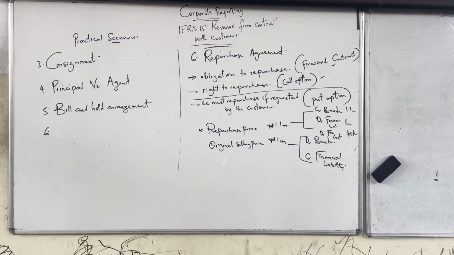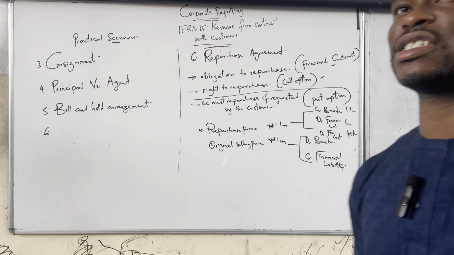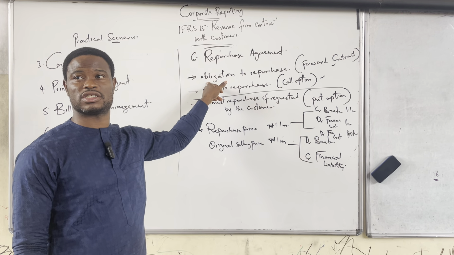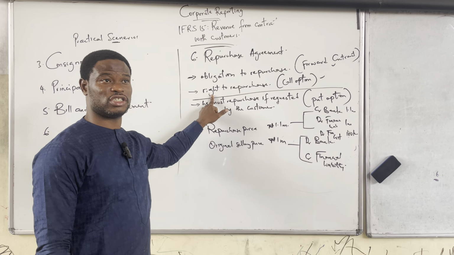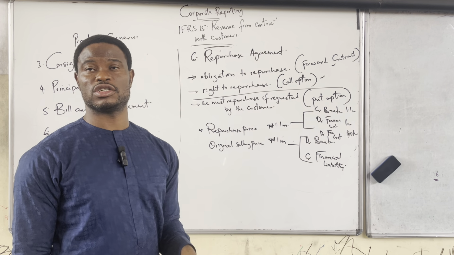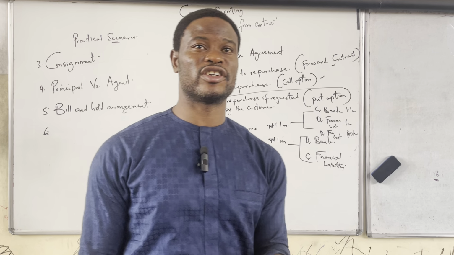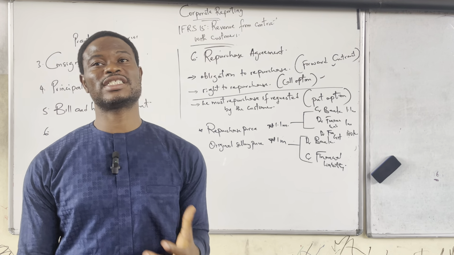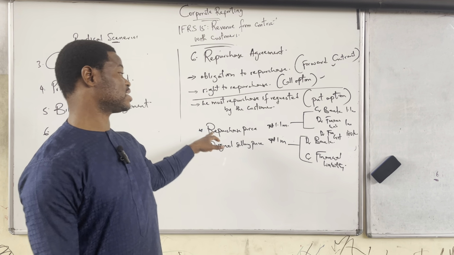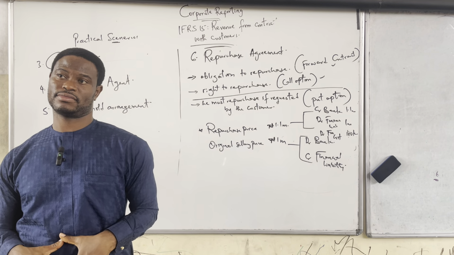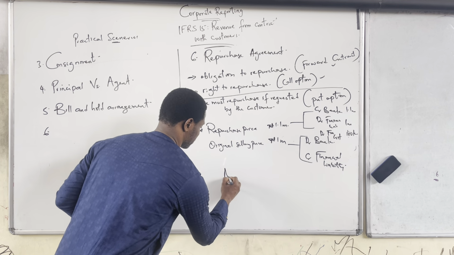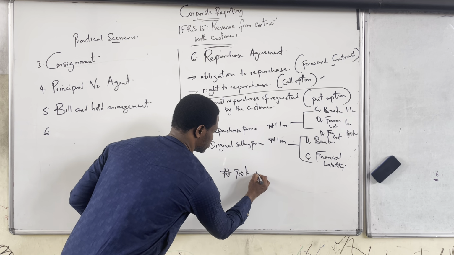So again, the core thing is that the fact that you have an obligation to repurchase or a right to repurchase clearly shows that you have not sold. You cannot recognize revenue for that 1 million. But in this instance, for the fact that the repurchase price is lower, the repurchase price is, let's say, 900K.